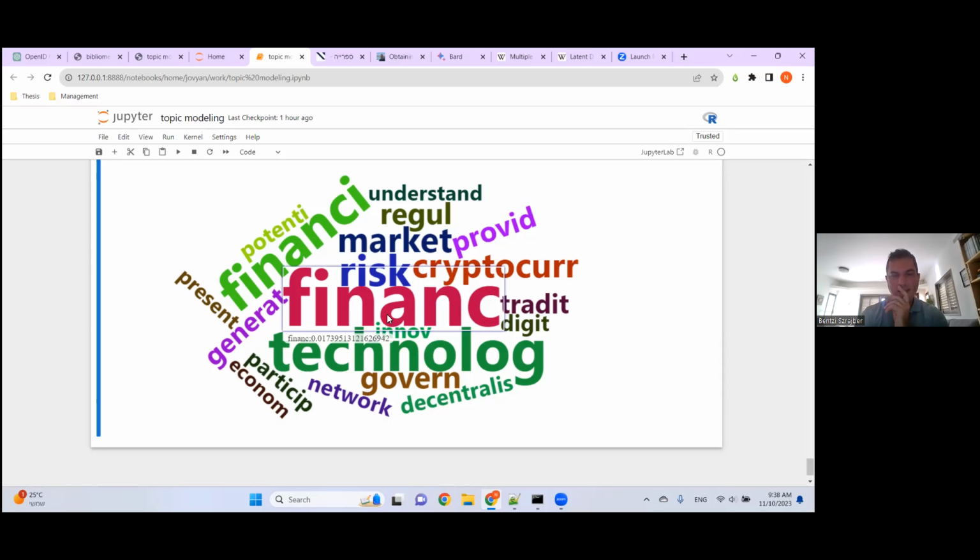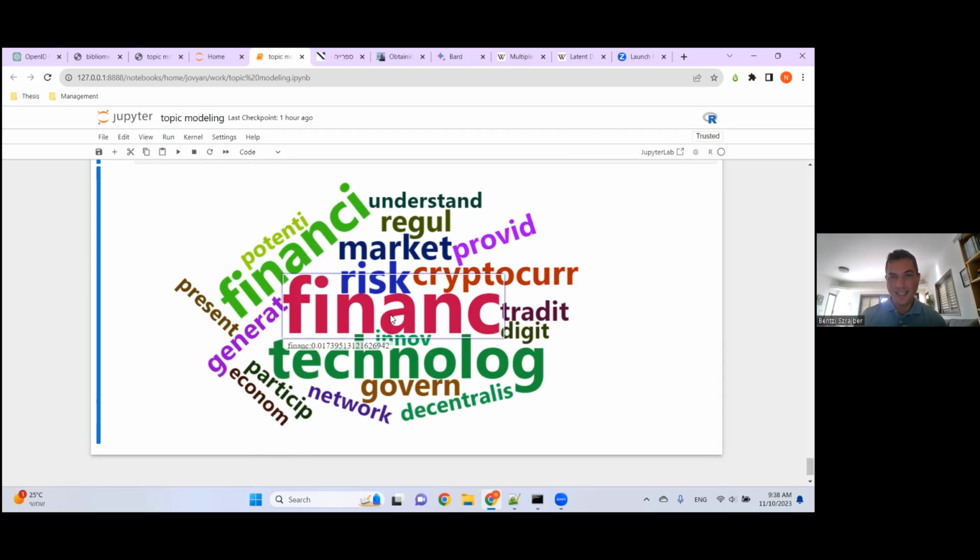Yes, absolutely. That's a very good point, and I wanted to talk about this in the beginning. Maybe the abstract is not enough. It's not a large corpus, and maybe we need to do the analysis of the PDF itself. Absolutely, you can do it. The examples available are doing what you are asking.